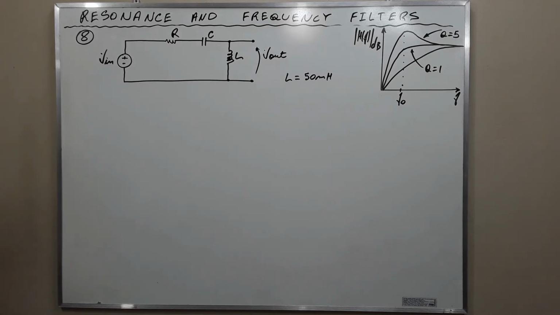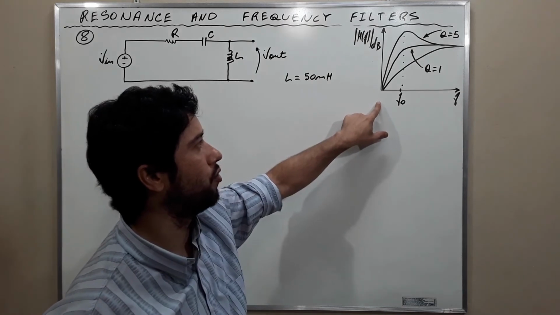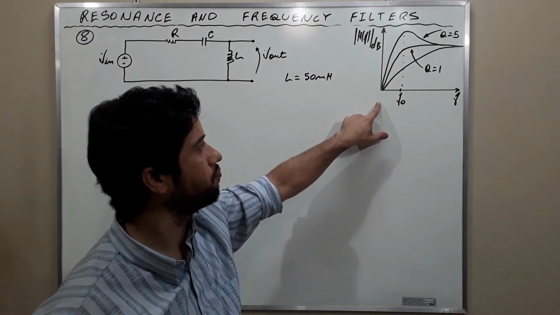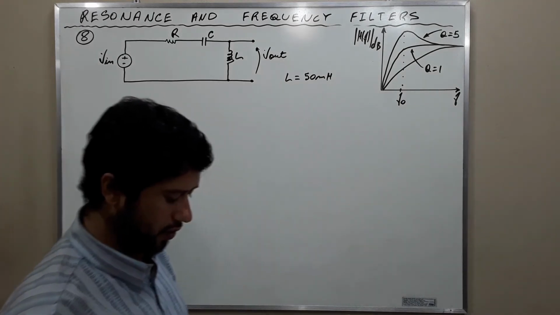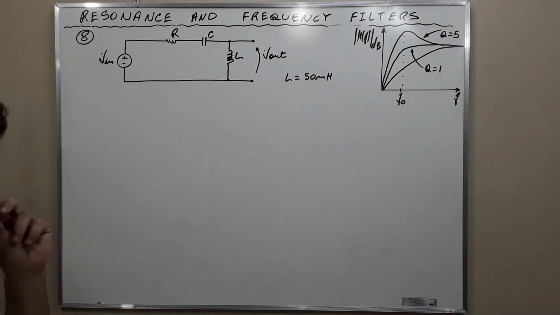Note, observe that the higher the value of Q, okay, you can find this graph in a reference textbook. Observe that the higher the value of Q, the quality factor, larger will be the peak of the transfer function at the corner frequency.